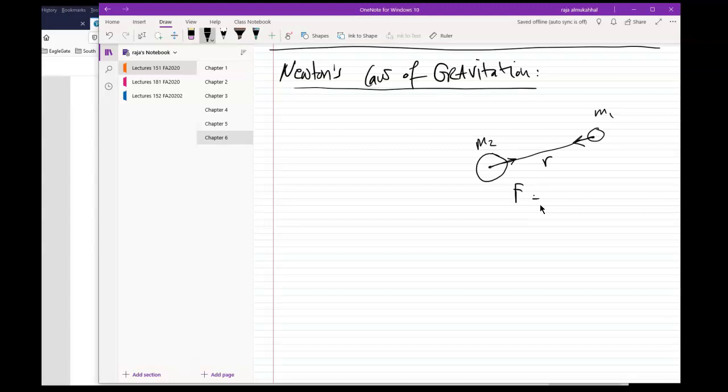This gravitational pull, it's a force. Pull means force, right? This gravitational pull is equal to the product of the two masses divided by their distance squared up to a constant G. We call that G the universal gravitational constant.